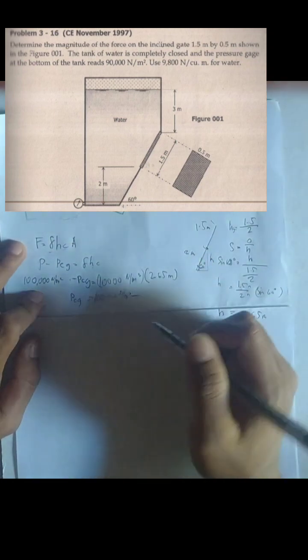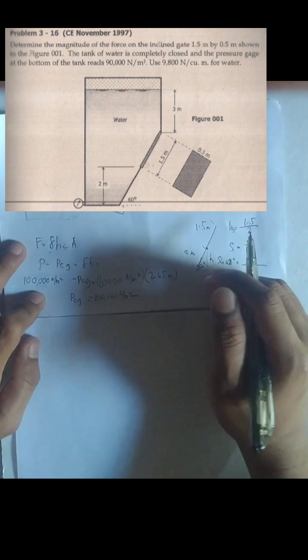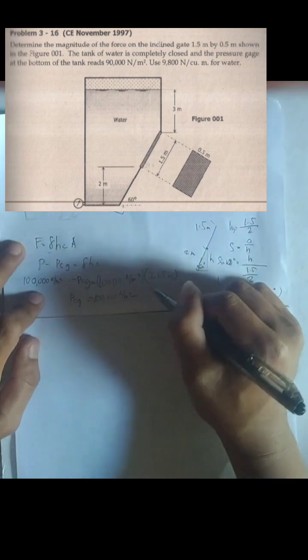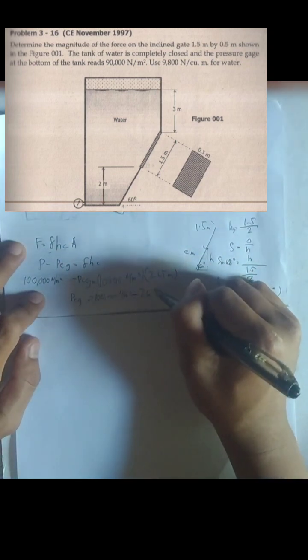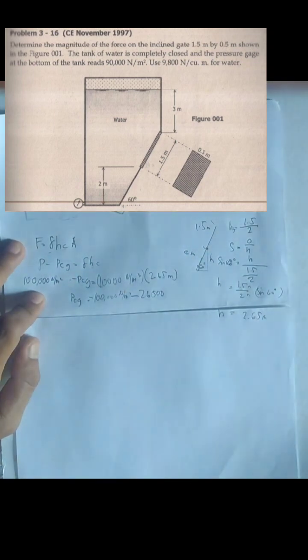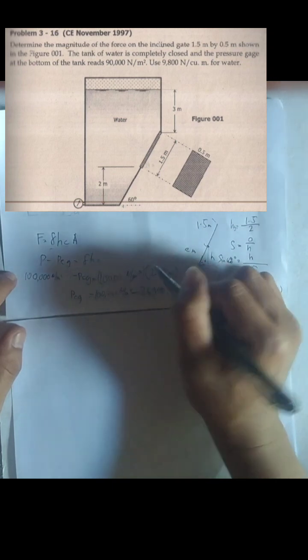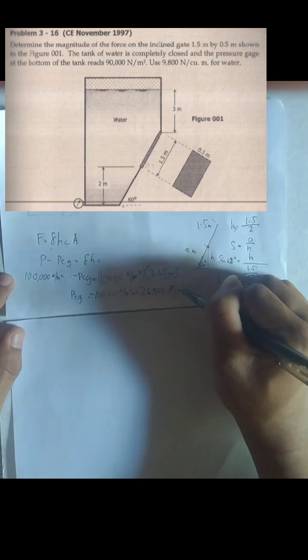The product of these two, put into a calculator, will be 26,500. For the unit, we can cancel this meter and another meter here, so we are left with Newton per meter squared.